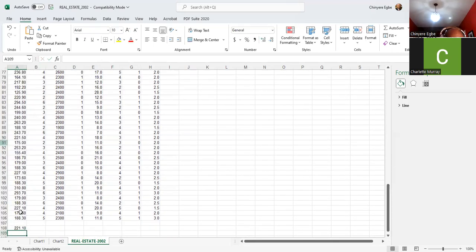All right, so the average price of a house is 221. We can copy that formula and put it for size.